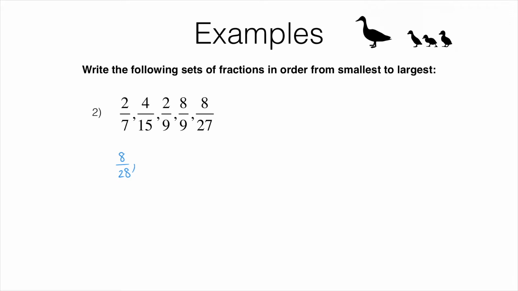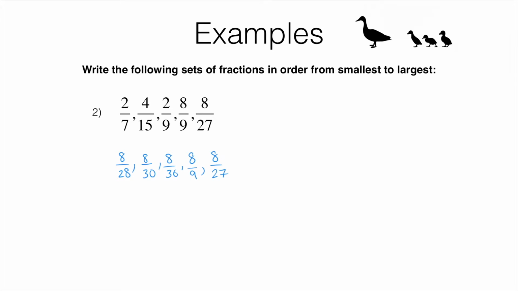4/15ths is going to be 8/30ths, multiplying the top and bottom by 2. 2/9 is going to be 8/36. Here we multiply the top and bottom by 4. 8/9 is still 8/9, and 8/27 is 8/27 still.